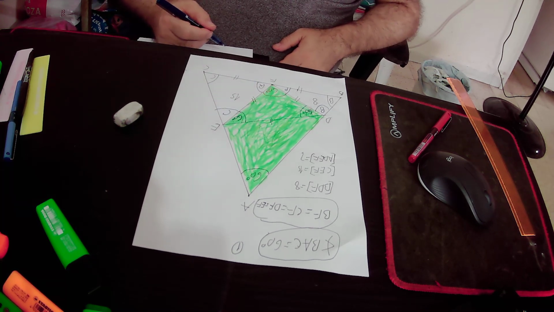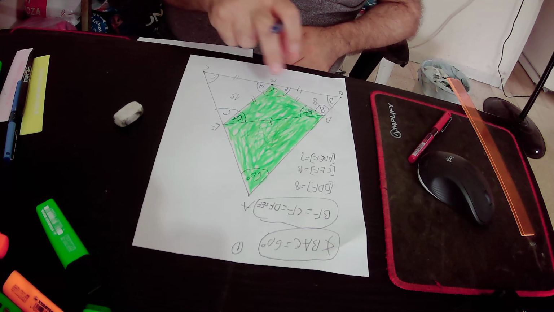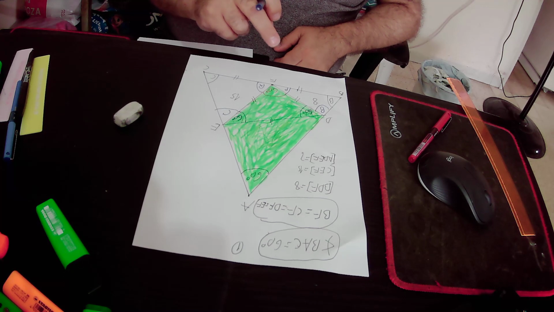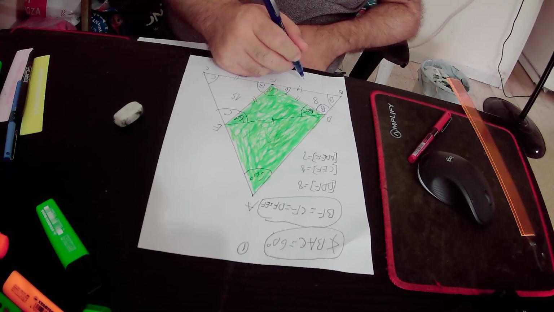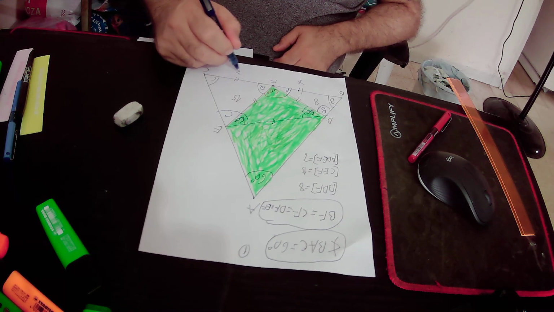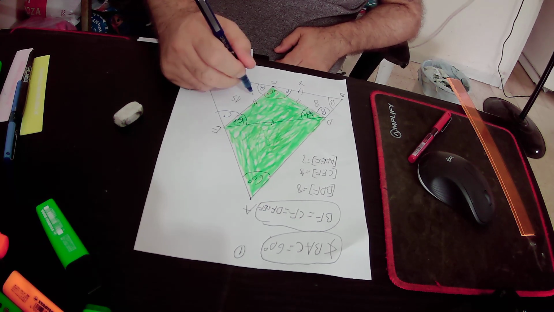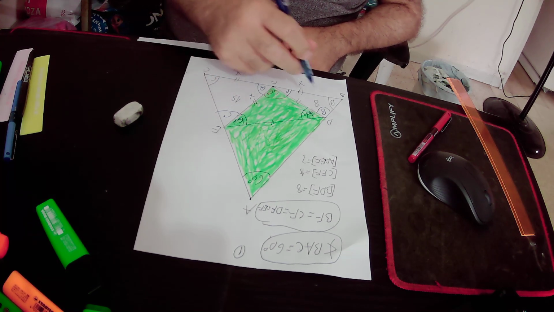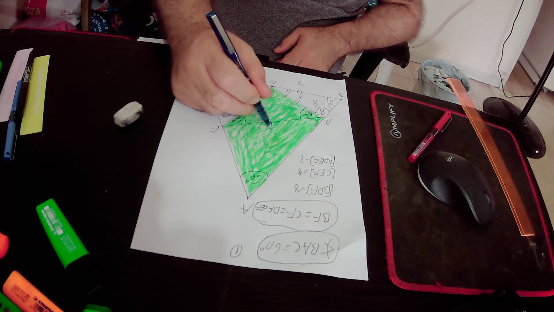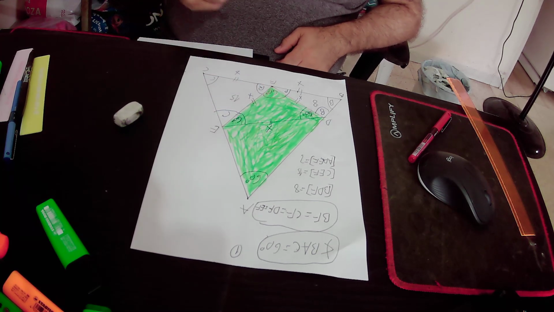And we know that all those sides that I marked by two lines are also equal to each other. So if we define BF as x, then FC will also be equal to x, FE will also be equal to x, and DF will be equal to x, and DE also will be equal to x.